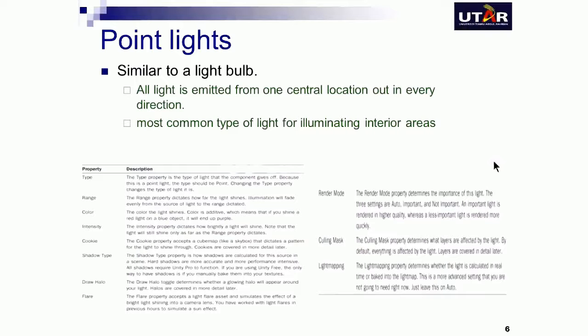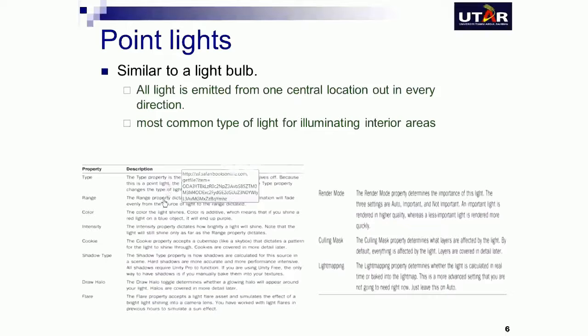So a point light will have several different types of properties. The first one is the type, which is basically to say whether it's a point light, directional light, or a spotlight.